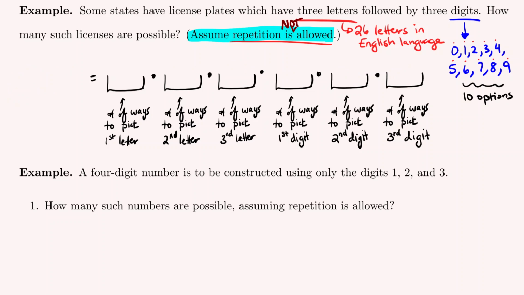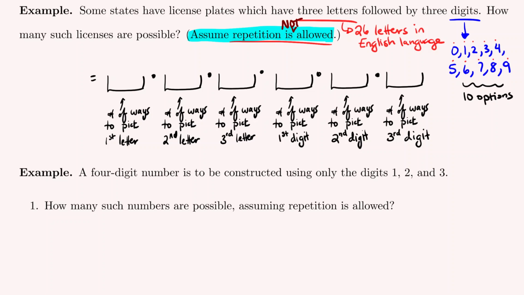But now we can't repeat, so I can no longer have license plates like AAA 111. I could have license plates like ABC 123. So any digit or letter that appears once can never occur in subsequent locations of the license plate. So keep in mind this is a completely new problem, and we're determining how many ways we could make license plates with 3 letters and 3 numbers if we do not repeat any letters or digits.